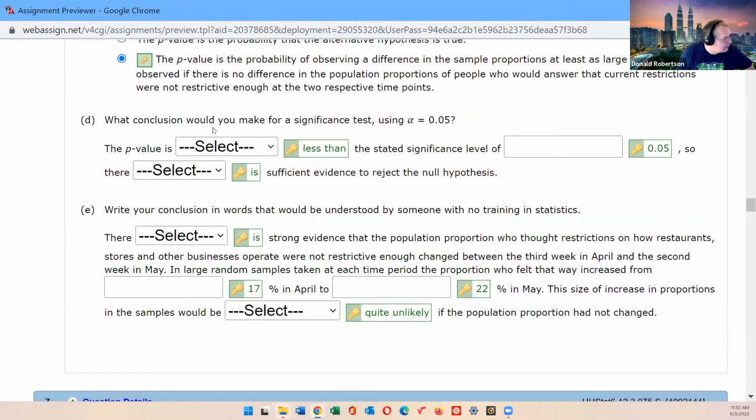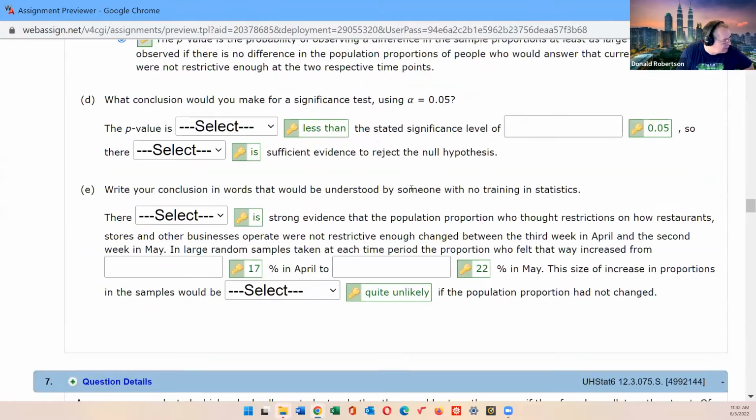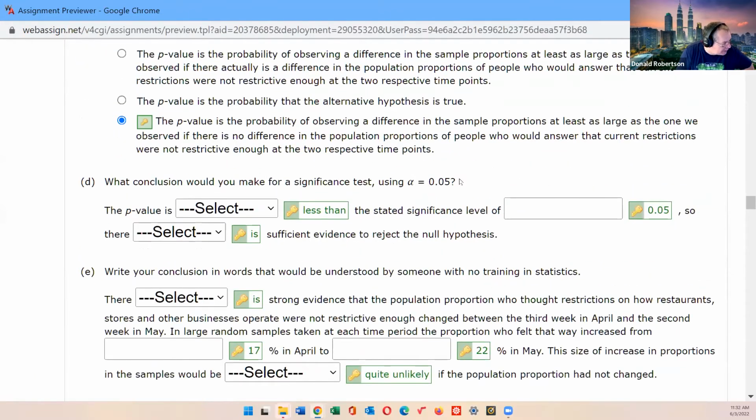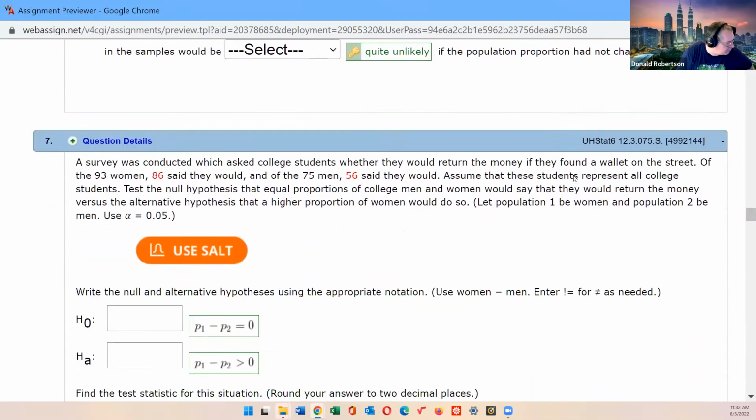And since this p-value is 0.023, and we're comparing against that, the p-value is less than this fella, so there is sufficient evidence to reject the null hypothesis. And our conclusion is then that there is evidence that things have changed between April and May, and this is quite unlikely to have happened by coincidence.